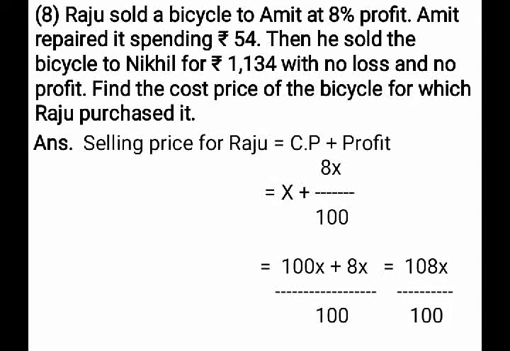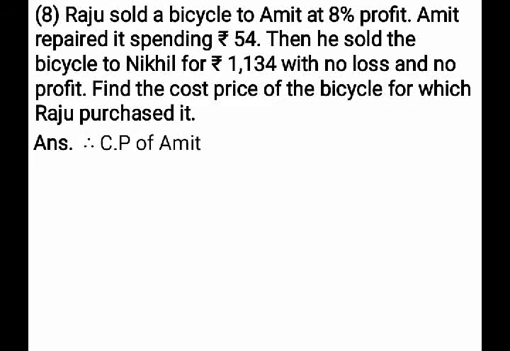This will be the selling price for Raju. If the selling price for Raju is 108x upon 100, it will become cost price of Amit. Therefore, cost price of Amit is equal to rupees 108x upon 100 because Raju sold a bicycle to Amit at 8% profit. This is the meaning.